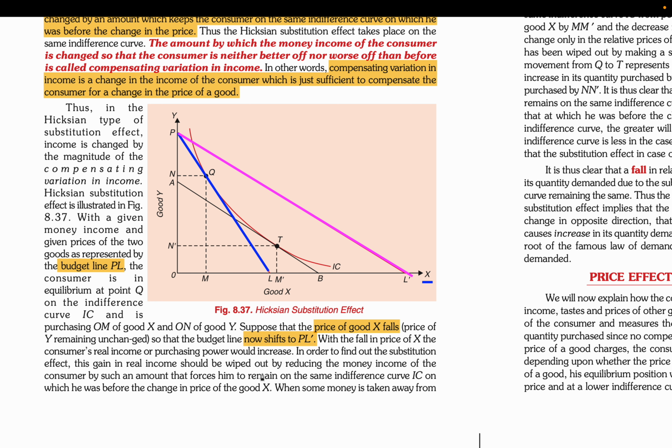We don't need to show that here, we just want the substitution effect. So the real income gain should be wiped out by reducing the money income of the consumer by such an amount that forces him to remain on the same IC.